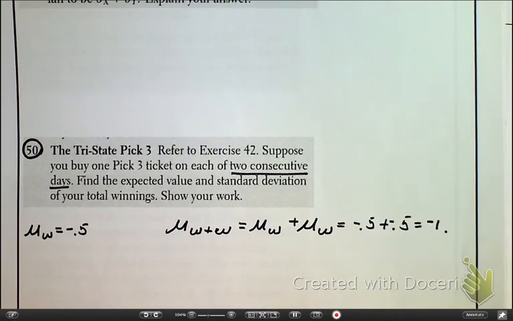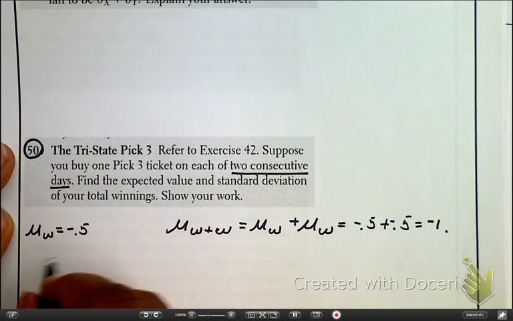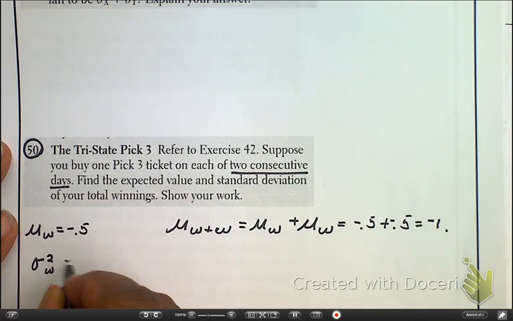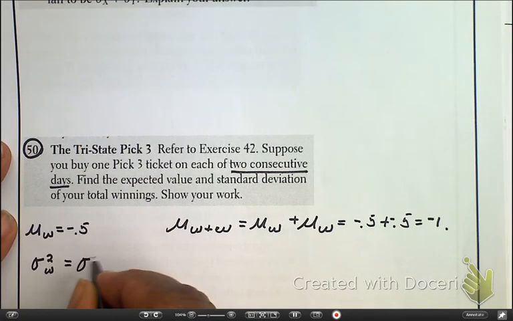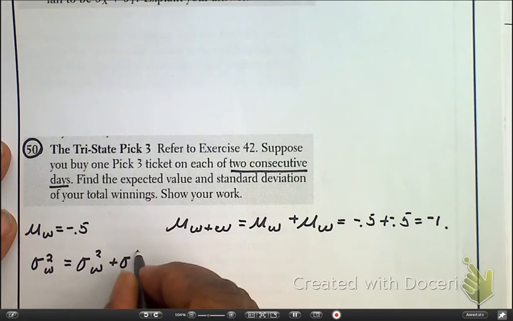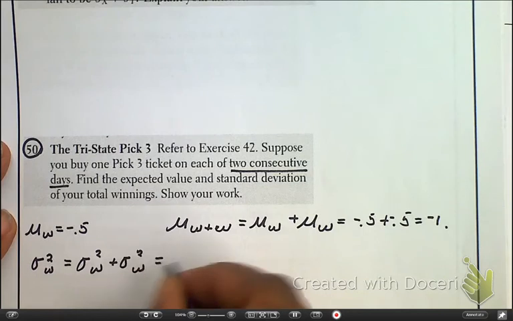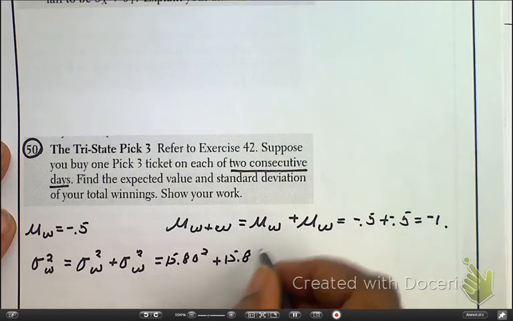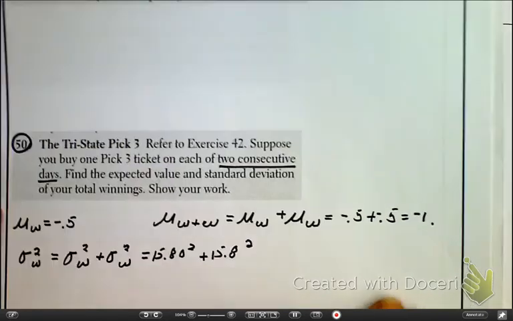Standard deviation, remember, is not that simple. So the standard deviation is going to be, remember we have to go through the variance. So the variance of day 1 plus the variance of day 2, which is what, 15.8 squared plus 15.8 squared.